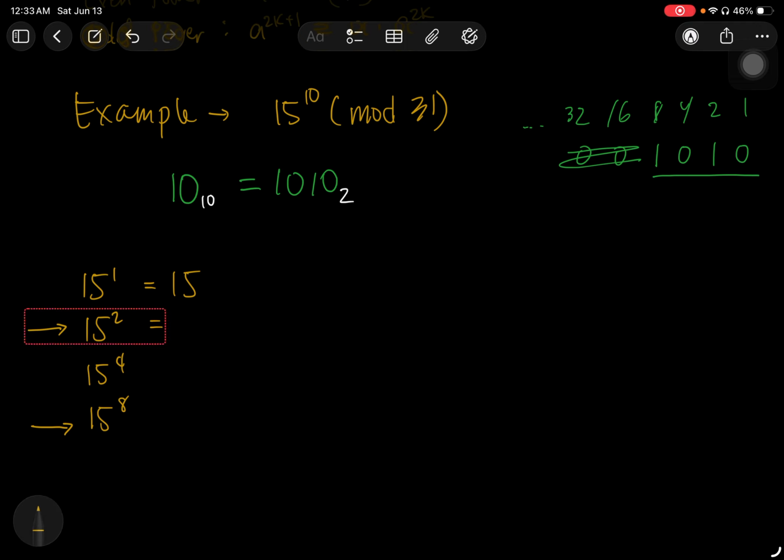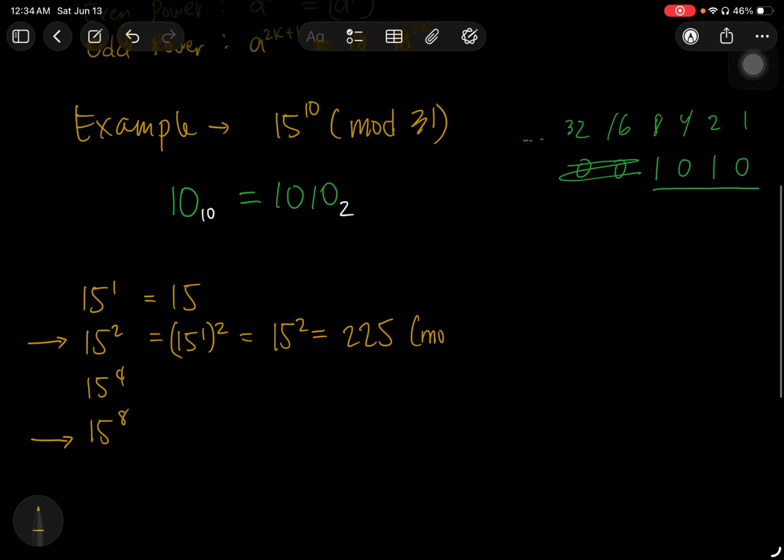We can write 15 raised to 2 as 15 raised to 1 and its quantity is raised to 2. This will actually do nothing, so we just need to evaluate 15 raised to 2 as it is. By doing that, 15 raised to 2 will give us, let's see, 225. So 15 raised to 2 is 225.